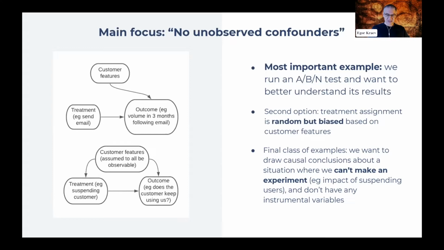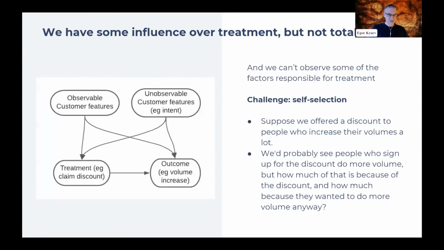And the final case is when we can't make an experiment. For example, we are suspending certain customers because they trigger an anti-money laundering check. And then when we reactivate them because the extended examination proved it didn't seem to be money laundering, we want to know how the suspension affected their subsequent behavior. And even in that case, there is at least something we can do. The final and the hardest case is when we have self-selection. For example, we offered a discount program to people who then increased their volumes a lot.